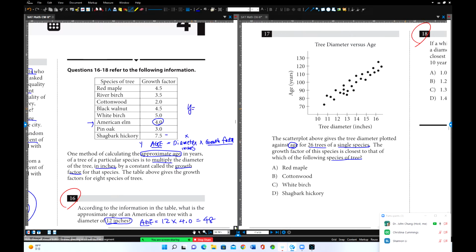It looks like y equals mx, where m is the growth factor and x is the diameter. As the diameter increases, that is linear. The slope is the growth factor. We're going to find the slope, and using that number we can find which species of tree it is.